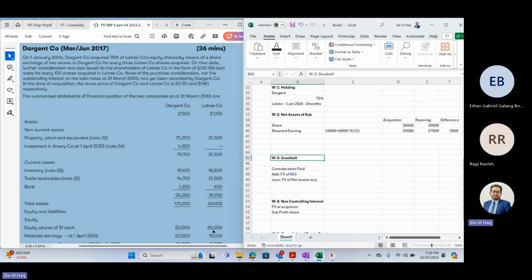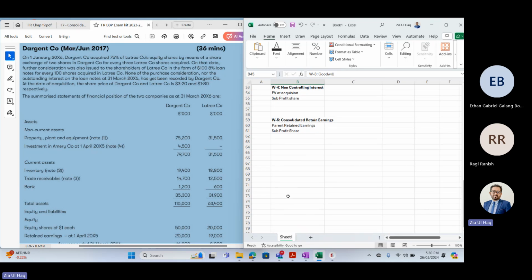Out of that 20,000, how many you are acquiring? 75%, this means 15,000 they are acquiring. So we are going to calculate consideration. So make one more working here, working 6, consideration paid.